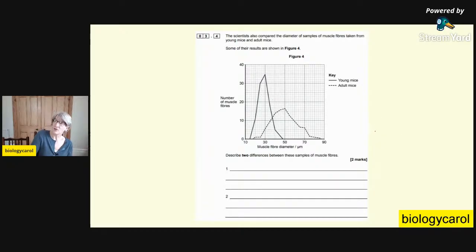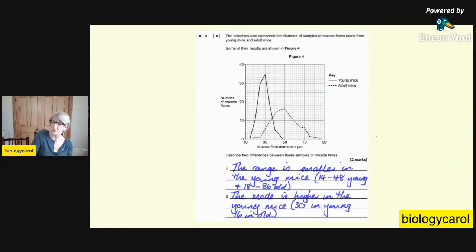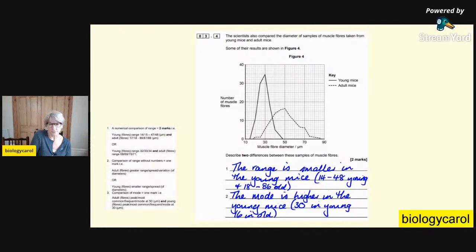I wasn't absolutely sure that I didn't need to add numbers, so I did. I literally wrote the 2 sentences first. I wrote the range is smaller in young mice than in old mice, and the mode is higher in young mice. But I then thought, that feels too simple, so I put the numbers in.